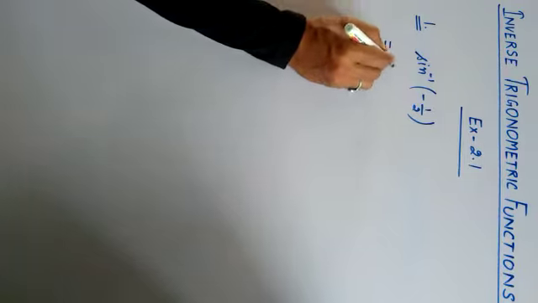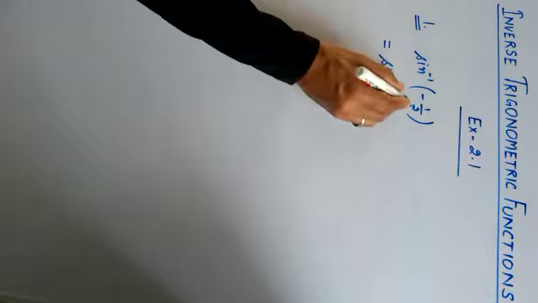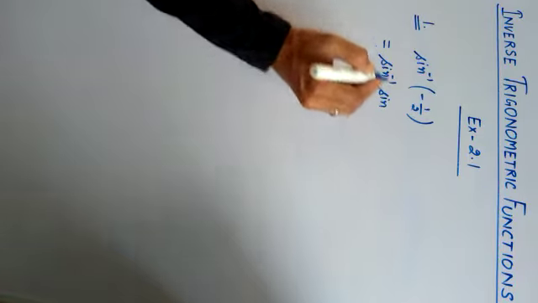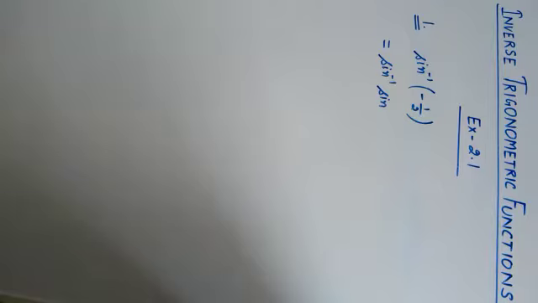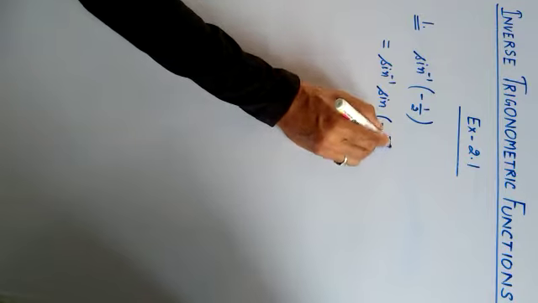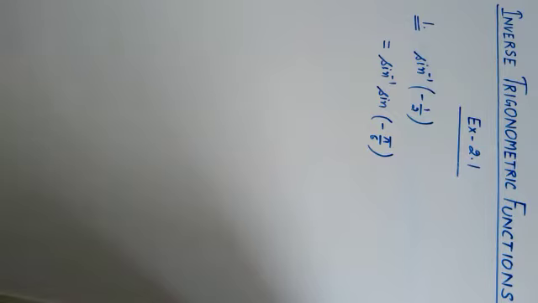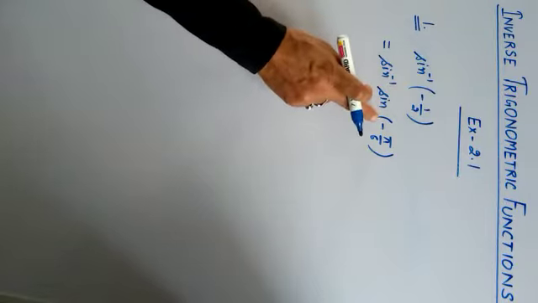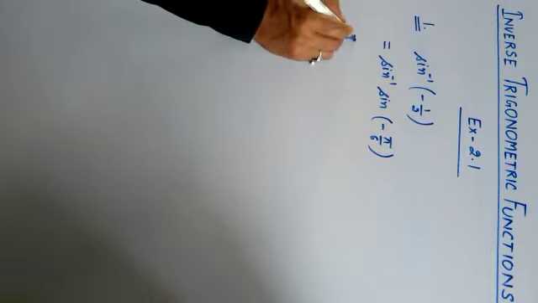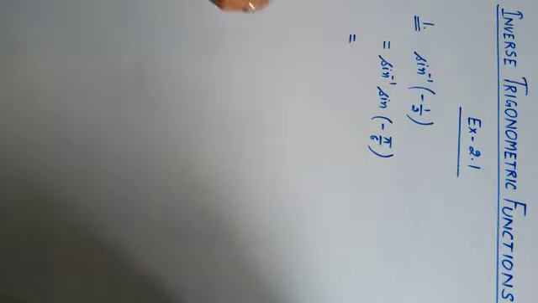So we can write sine inverse as it is, and in place of 1 by 2 we can write sine. You know the value of sine 30 is 1 by 2. So we can write sine minus pi by 6, because the minus sign is here. Now sine inverse and sine will eliminate each other.